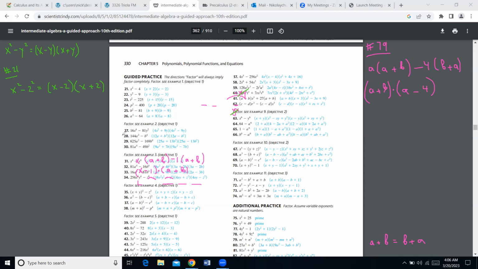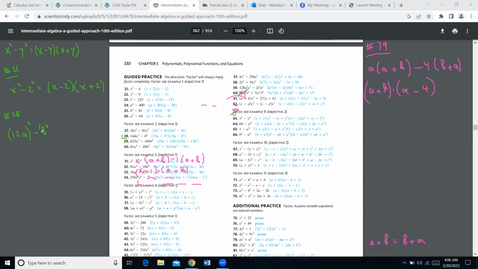How about number 28? That says, what if we have 144a squared minus b to the fourth? Well, I can treat 144 as 12 times 12. So the first piece will be 12a, which is squared, and minus b to the fourth, which is also a square.